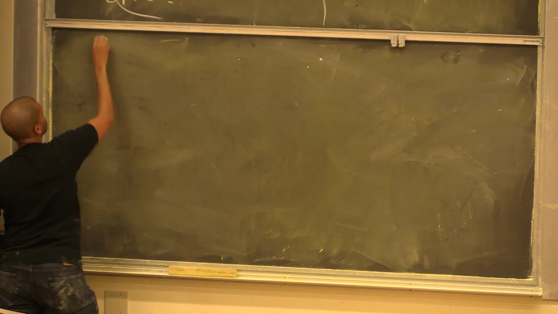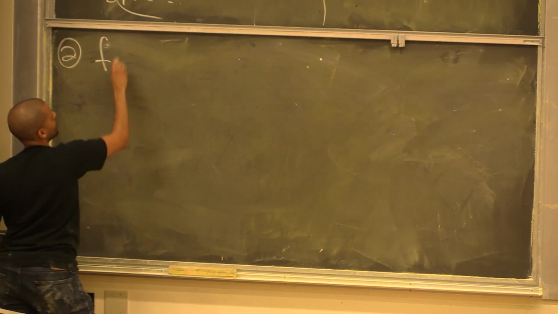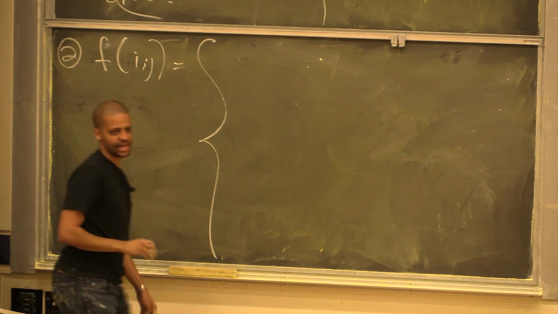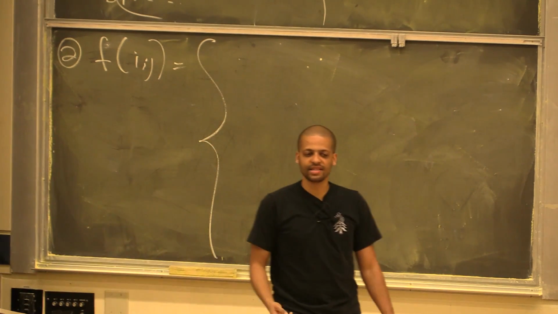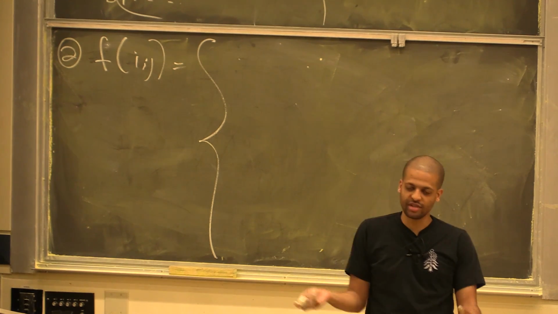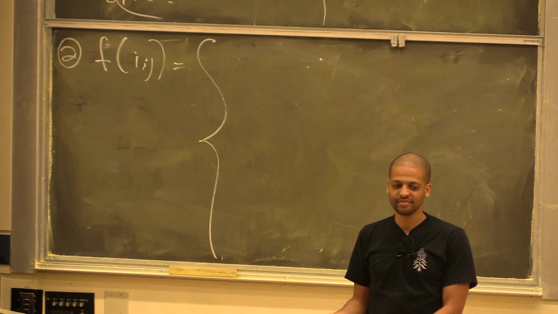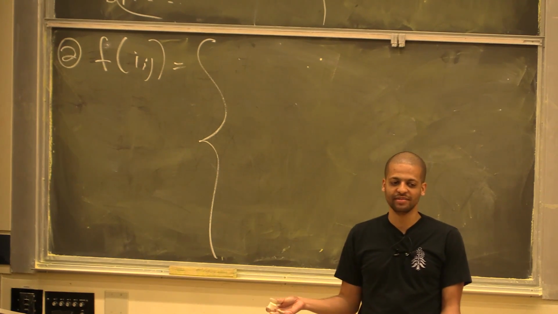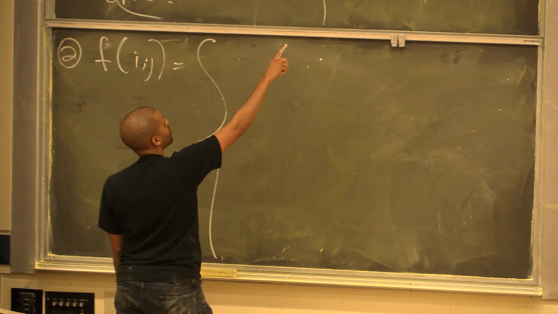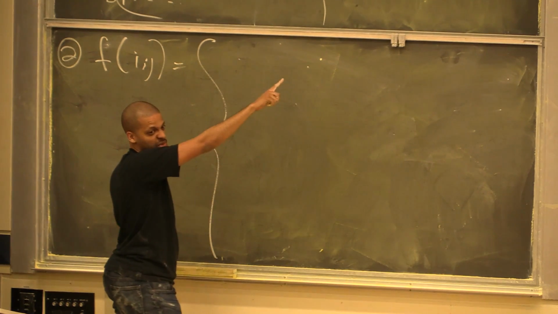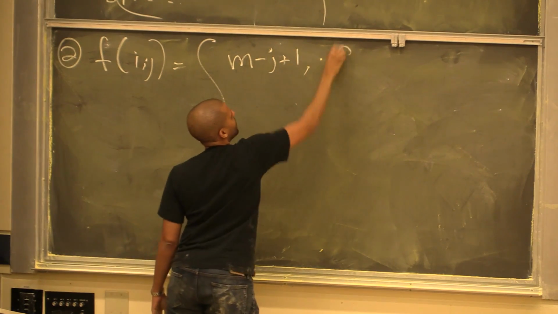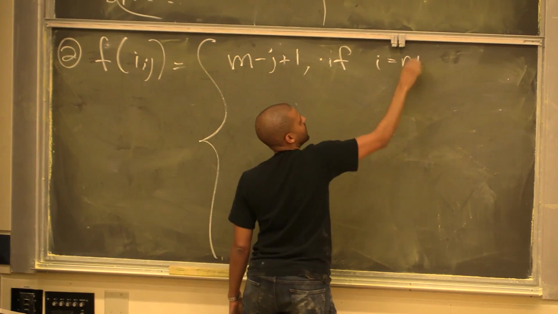So let's write down the recurrence relation. F of ij is equal to, so what are the base cases? One base case is that S is the empty string. Then the cheapest way to turn the empty string into T is just to add the letters of T one by one. That costs you m minus j plus 1, because that's how many letters are left, if i is equal to n plus 1.